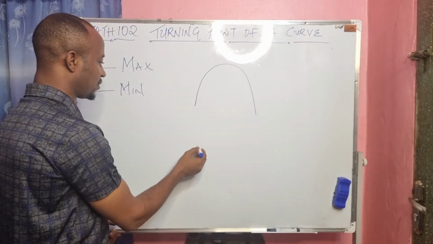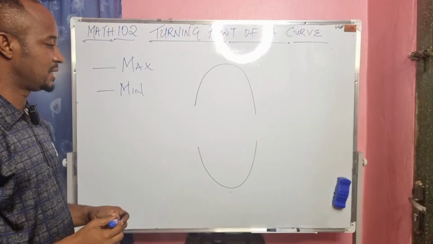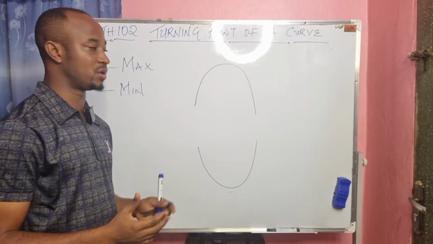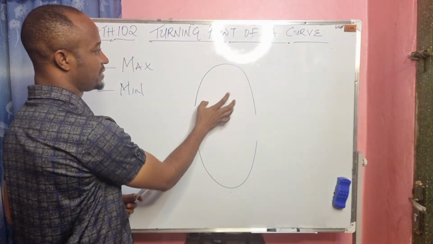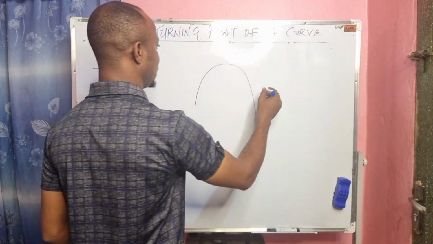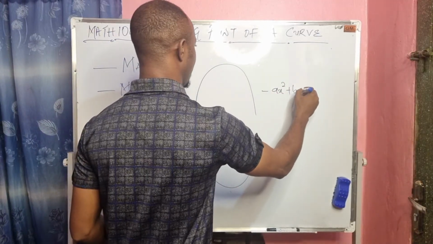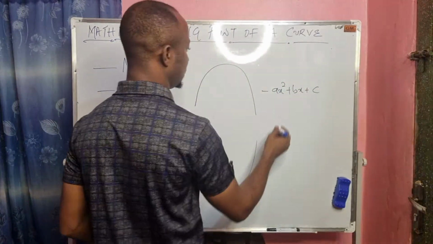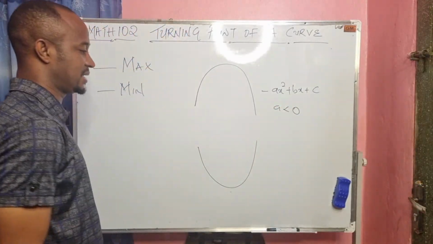We can also have a curve of this kind. This is also a quadratic curve that opens upward. And we'll say that for a curve of this kind, the general form is simply minus ax squared plus bx plus c, where a is less than 0.